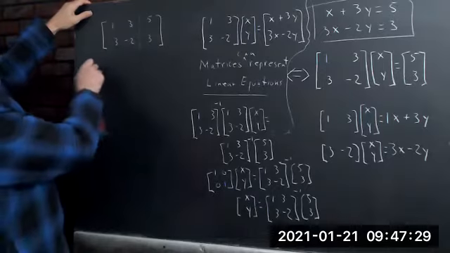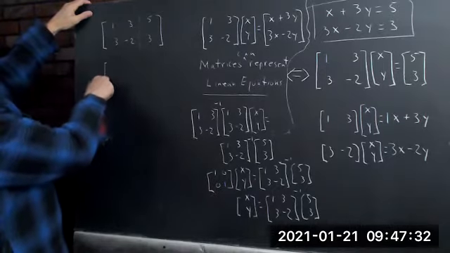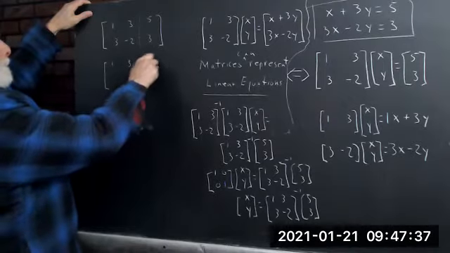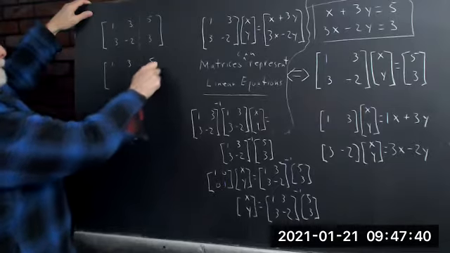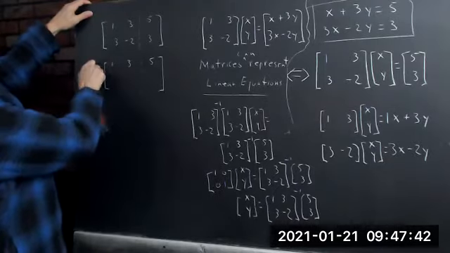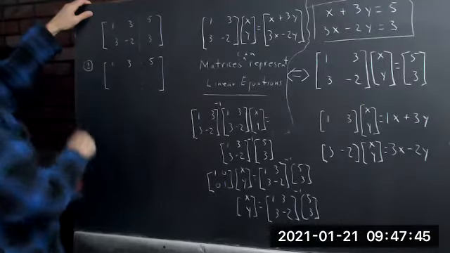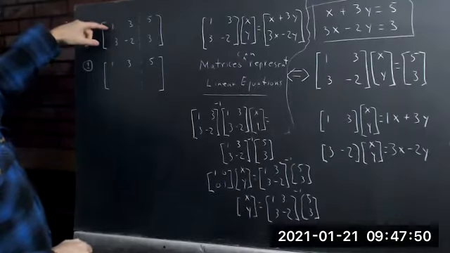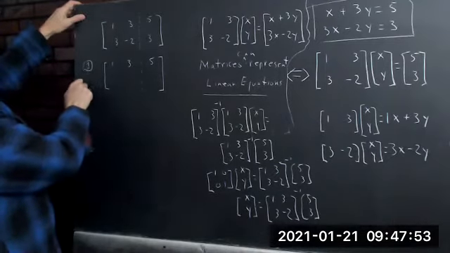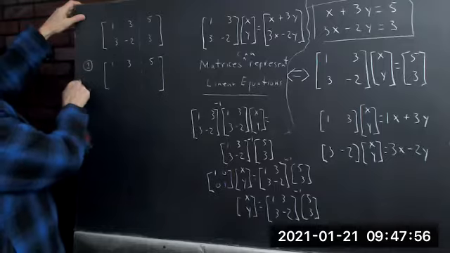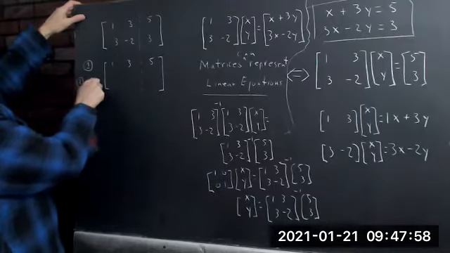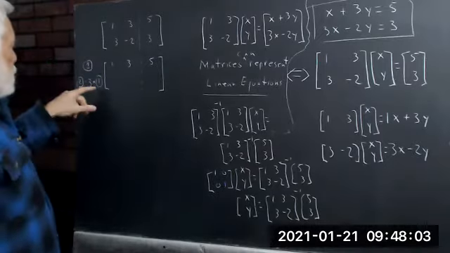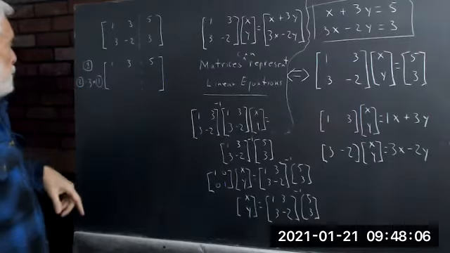So I'm going to say I can replace this matrix with the matrix that consists of the first row of this matrix. And here, the second row minus 3 times the first.